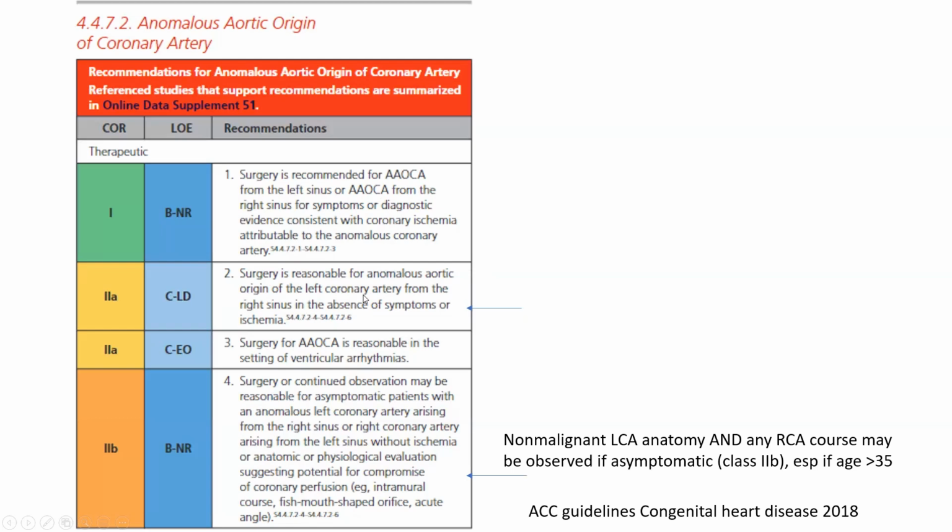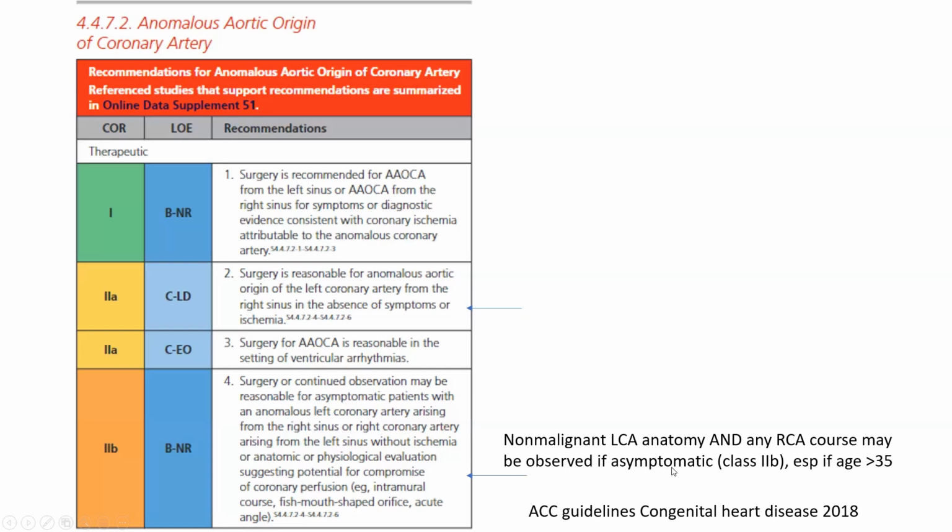It gives a class 2A for asymptomatic left main with a high-risk anatomical feature, such as interarterial course, and a class 2B for anomalous left main without a high-risk anatomical feature and any RCA that is asymptomatic.